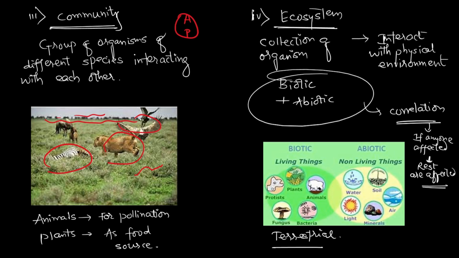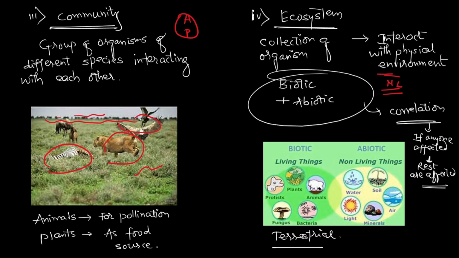Now, what is ecosystem? Ecosystem is a collection of organisms interacting with the physical environment. Physical means non-living. When a collection of organisms interacts with the physical environment, that is said to be an ecosystem.